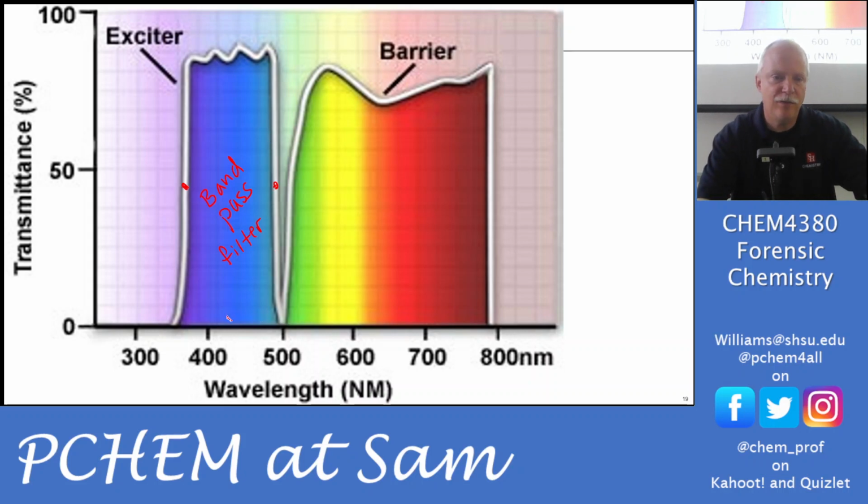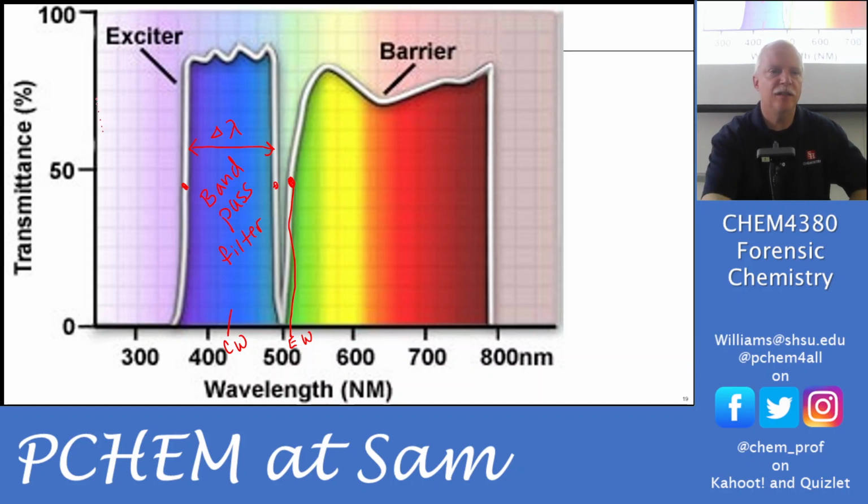It has a center wavelength, and then some kind of width here. And then this one has an edge wavelength. So this is going to be the EW, edge wavelength.